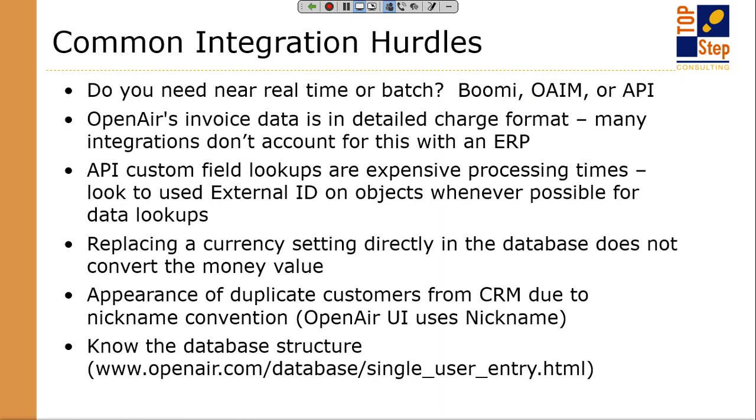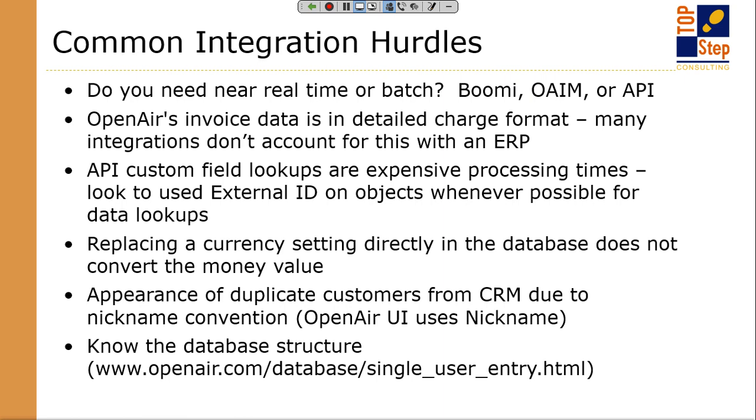The reason for that is that NetSuite has been built such that it can't accept negative values on invoices, whereas OpenAir handles credits through negative charges on invoices. NetSuite actually has a separate entity called a credit memo that it uses to handle this instead of putting negative numbers on an invoice. So there are some tricks you have to get into if you're going to integrate invoices between those two systems and you have credits coming through as negative charges in OpenAir.